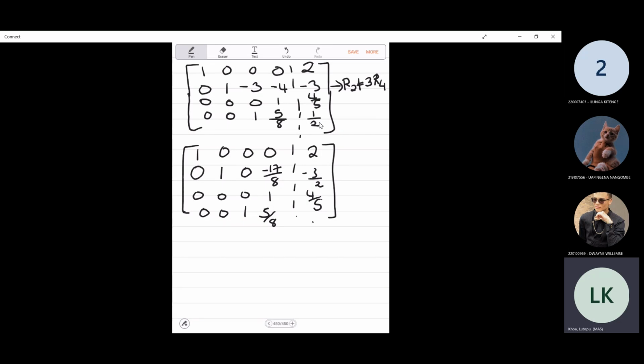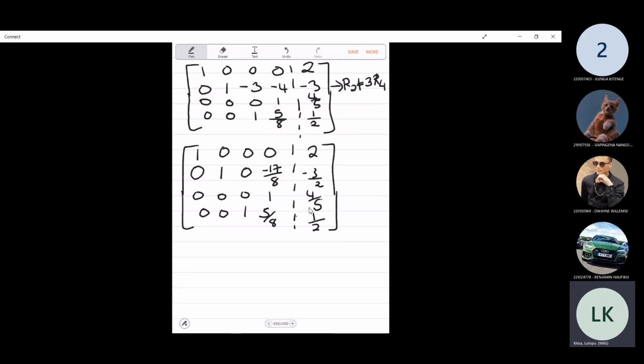And this is the half here. Whew. Okay, then where else can we make a 0? Then we can make zeros here and there.